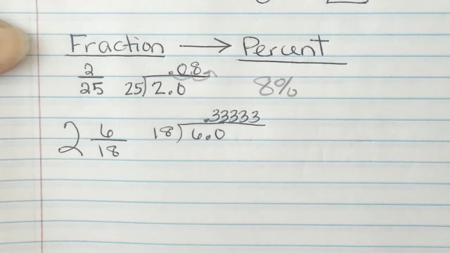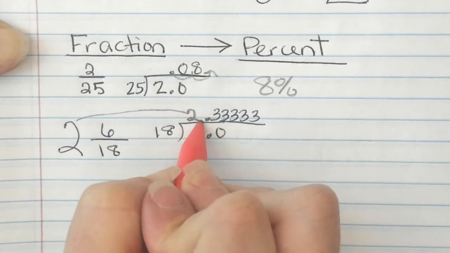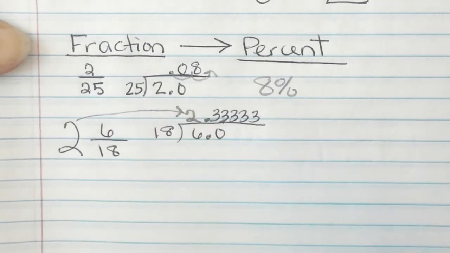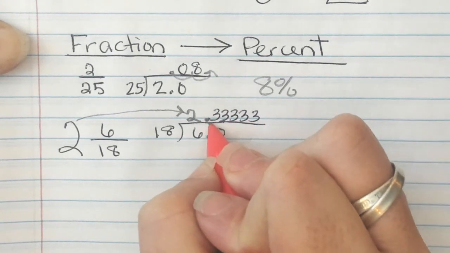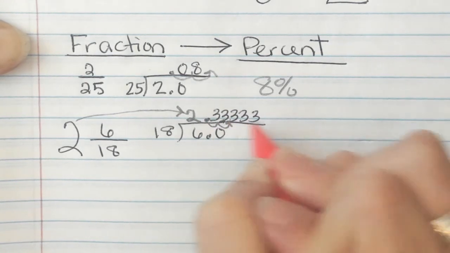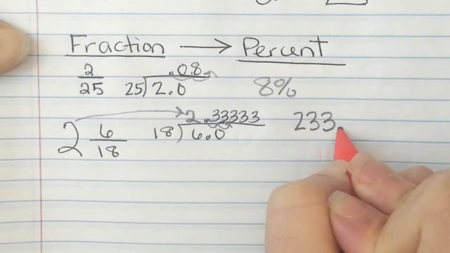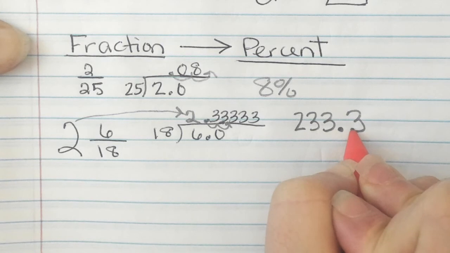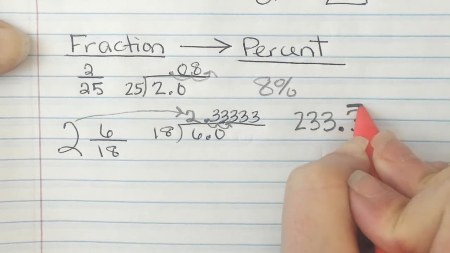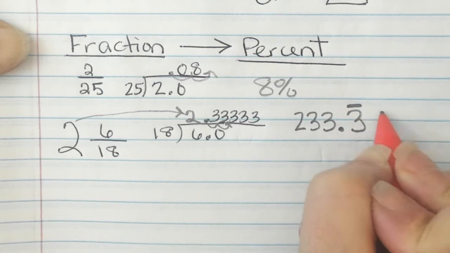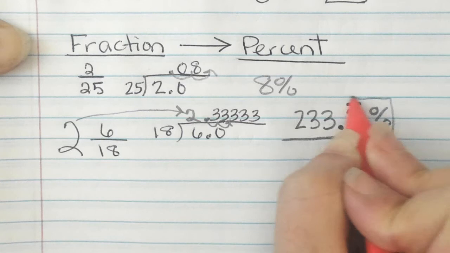Now, the other weird part, bring that 2 over in front of that number. Okay, now I'm going to bounce it twice to the right, making it 233.3. Now that 3 goes on forever, so let's make it a repeater. And a percent sign. Yes, it's a lot of steps.